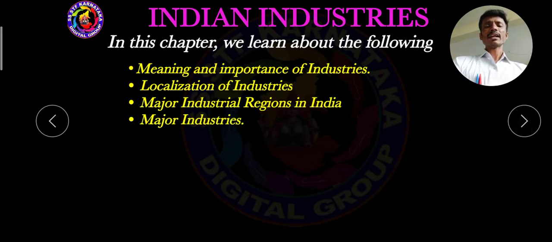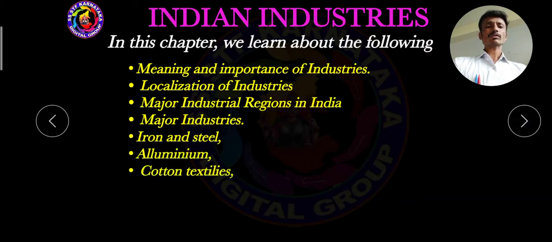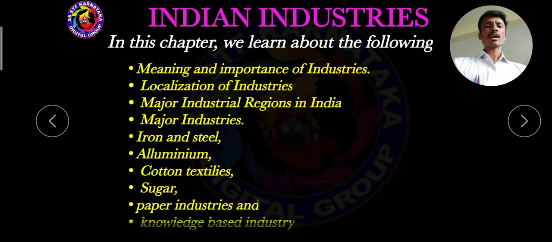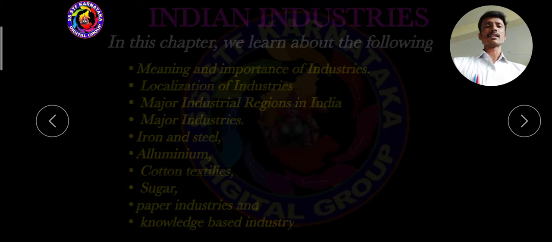Then major industries: iron and steel industry, aluminium industry, cotton textiles, sugar industry, paper industry, and knowledge based industry. So we have to learn these aspects from the lesson Indian Industries.